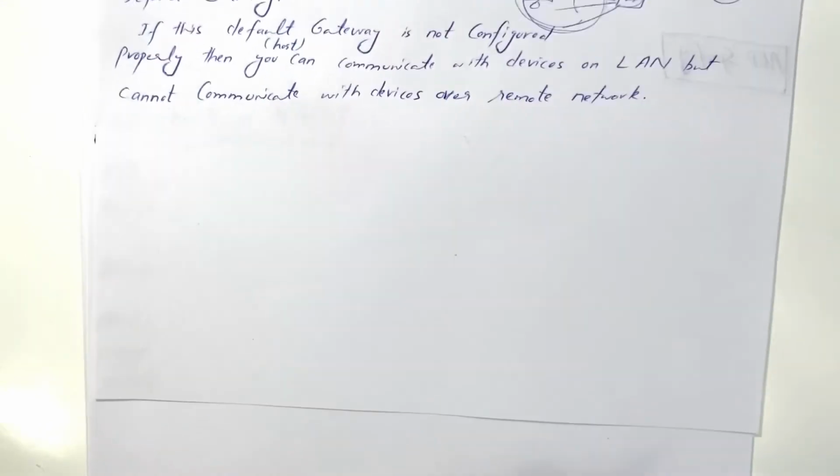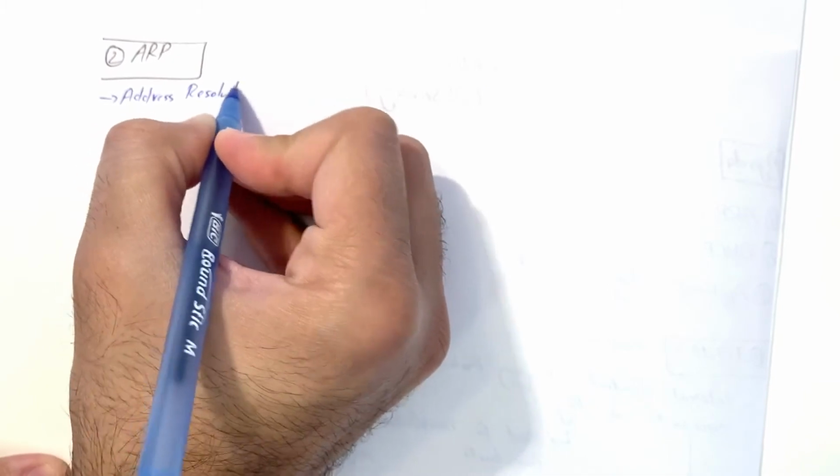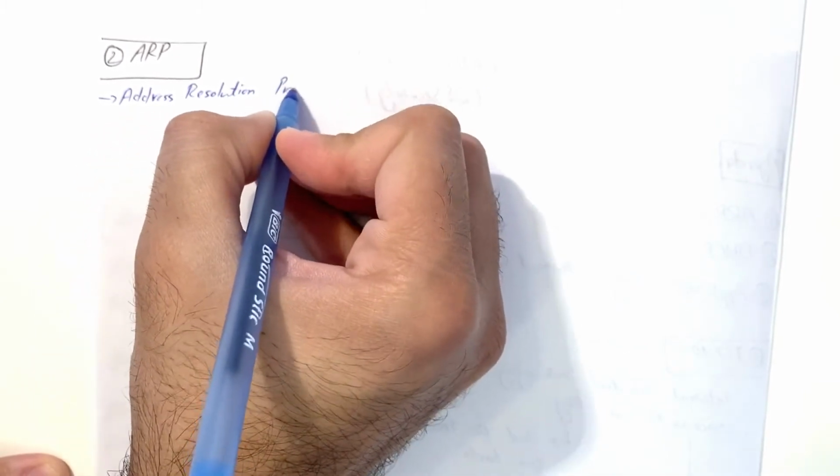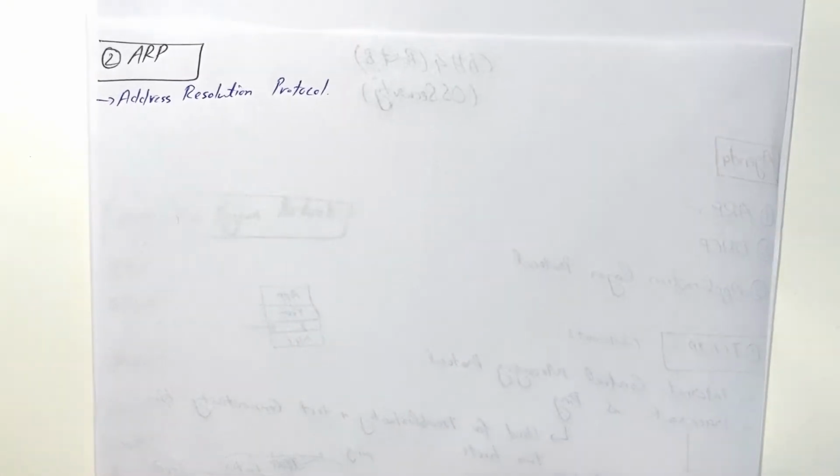So now let's move to our main agenda item, that is ARP protocol, address resolution protocol. Okay, firstly, let me give you the definition of ARP protocol. It runs on your network layer, or for OSI, it runs on your data link layer.